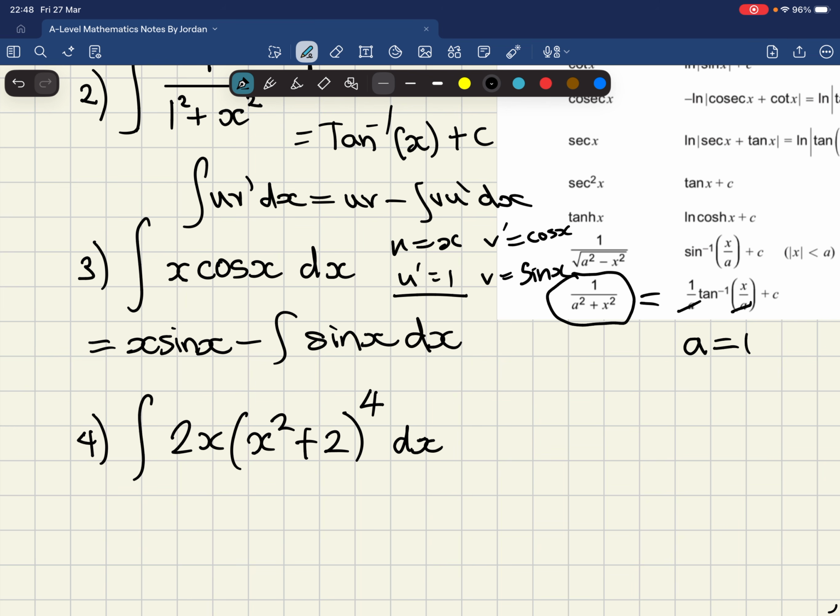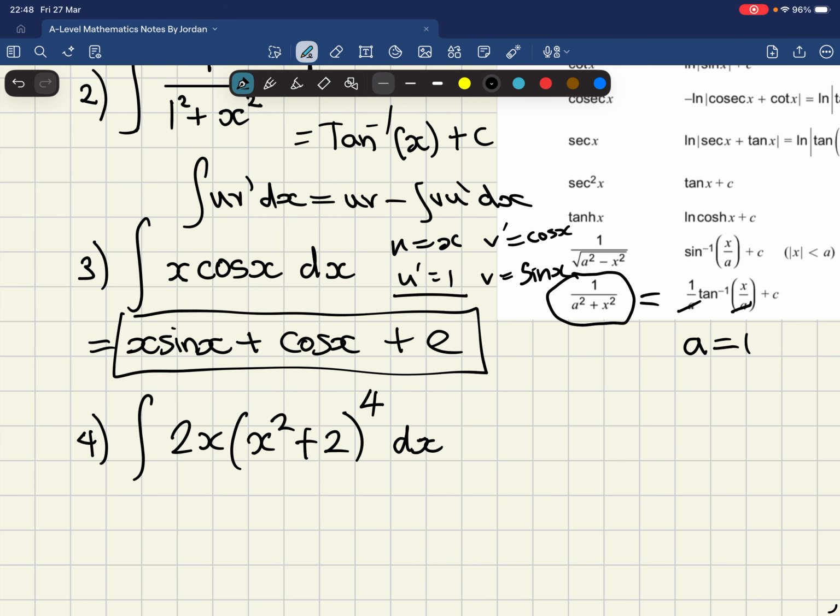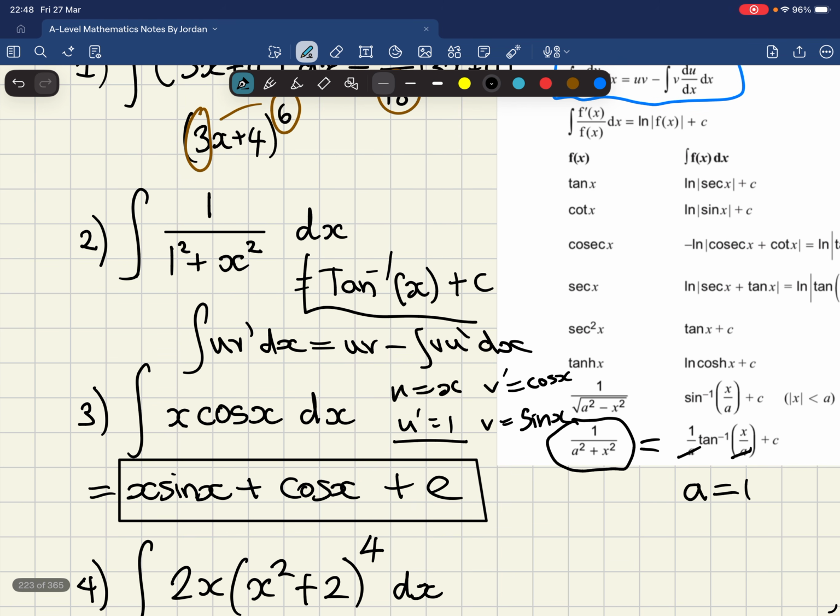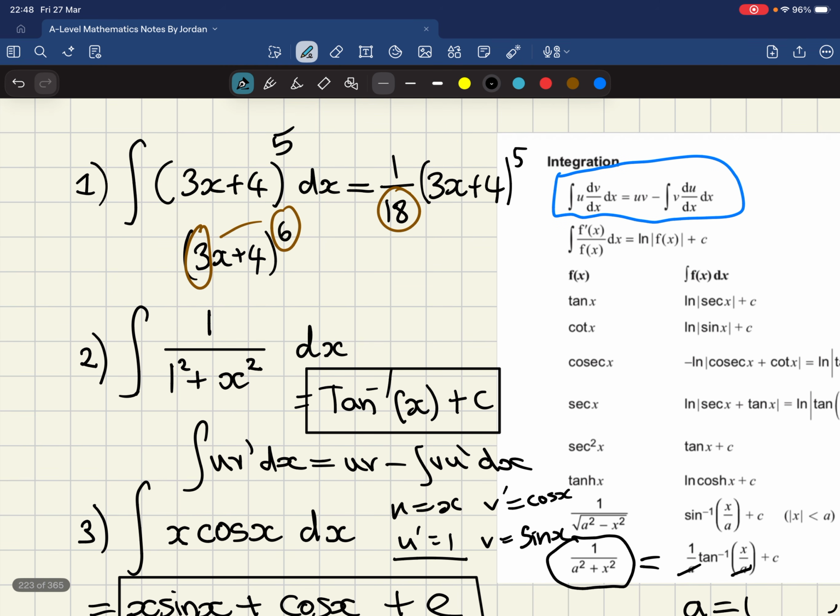The integral of sin x goes to minus cos x, but since we have a minus sign here, that will just be positive, and so it's just plus cos x plus c. So that one was the product rule. Remember, number 2 was the standard integral. Number 1 was by inspection.